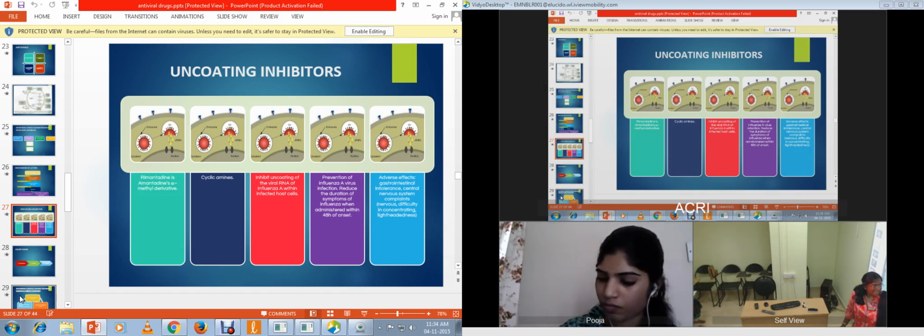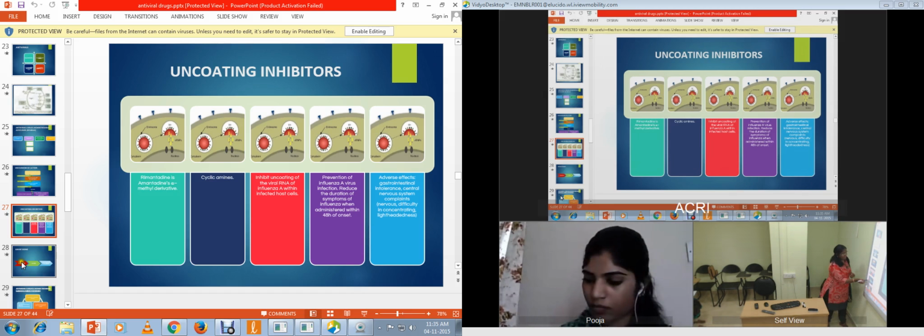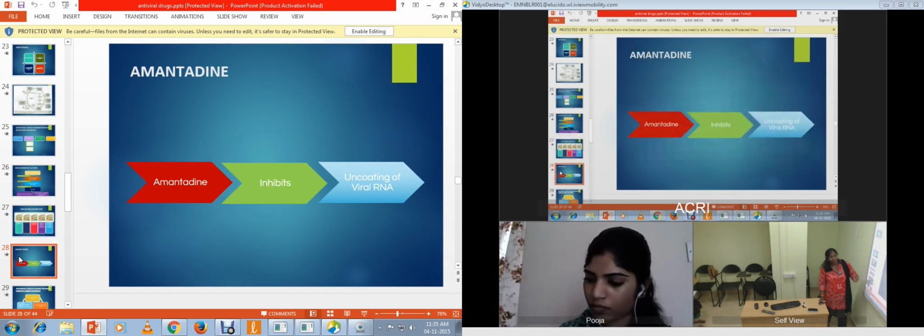Adverse effects: gastrointestinal intolerance, nervousness, difficulty in concentration, lightheadedness. These are the adverse effects of amantadine. It acts by inhibiting the uncoating of the virus. Got it?